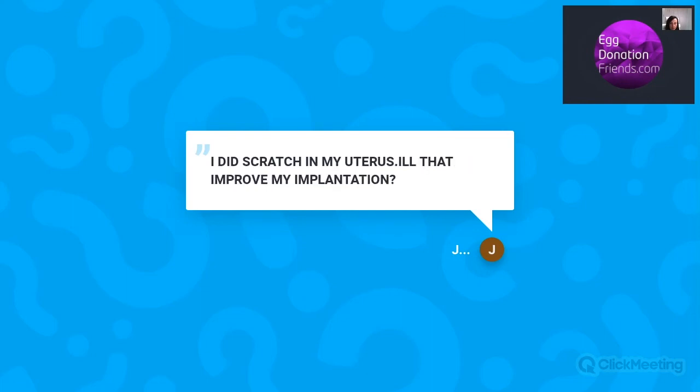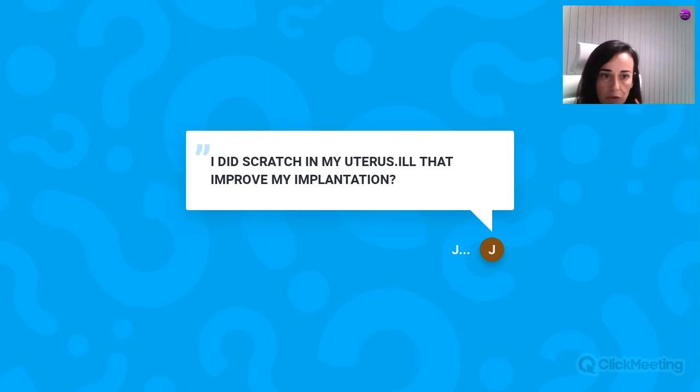I did scratch in my uterus. Will that improve my implantation? Yes, the scratch in the uterus improves the implantation because it improves the endometrial receptivity. It has nothing to do with endometriosis. We do it in the implantation failure.